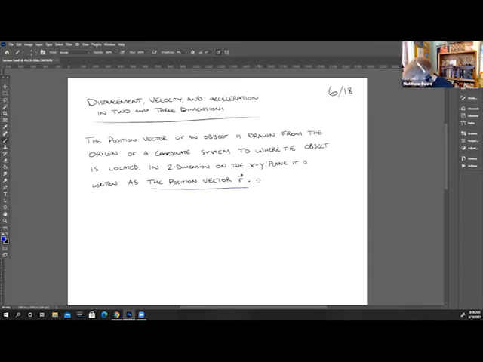Position vector r is how we can track something in 2-dimensional and then a little more complex 3-dimensional space. It's a combination of some coordinates.